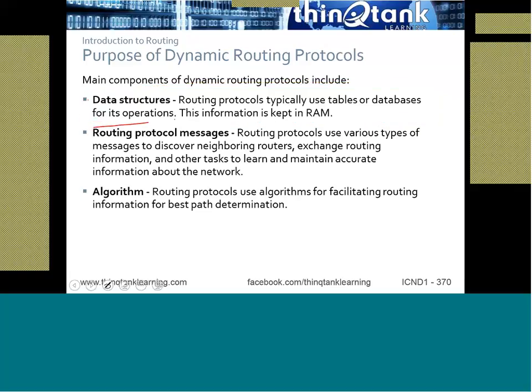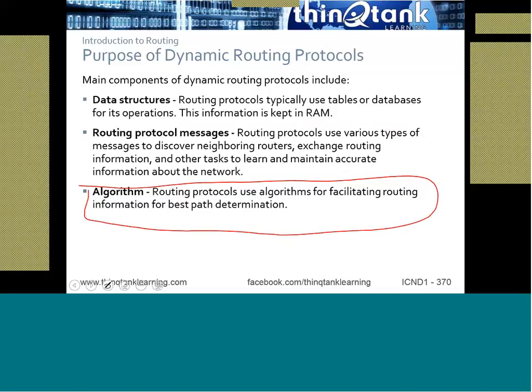We also have routing protocol messages: hello packets for routers to be able to identify each other, updates for routers to be able to exchange routing information, queries for routers to be able to ask for routing information, and so on. The language that the routers speak in order to actually build the databases. The messages allow us to construct the databases. And then lastly, the logic, the algorithm.